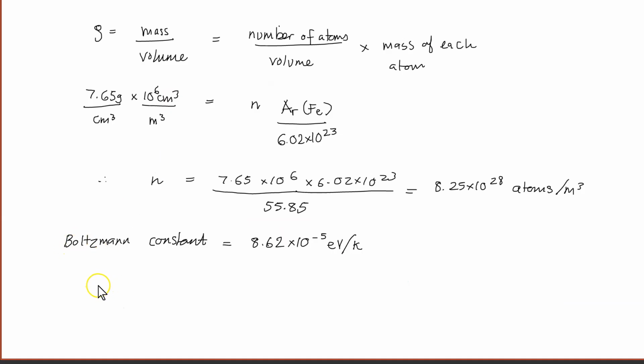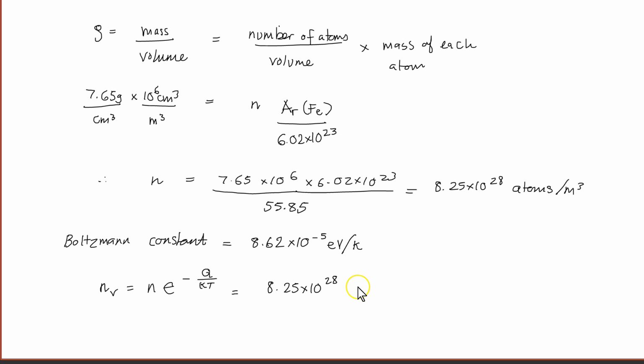Now we can calculate the concentration of vacancies. So we have N equals 8.25 times 10 to the 28 atoms per meter cubed.